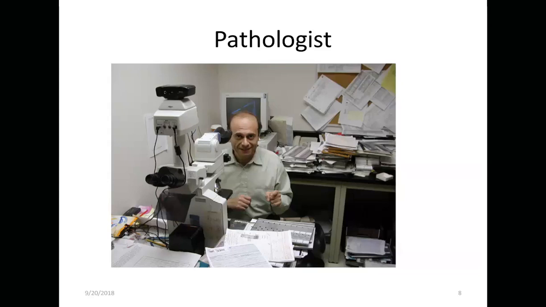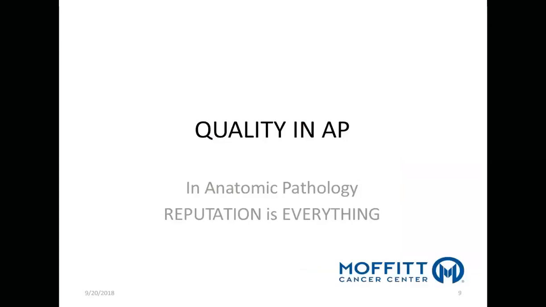However, in litigations, this did not stand, as the judge and jury determined that a pathologist is responsible for practicing in a safe manner, and if they feel that they're rushed, they should not really be signing out the case. So pathologists should be aware about this and be somewhat confident about their own practice ability and ability to manage case loads. Now, in anatomic pathology, reputation is everything. Really, that's all an anatomic pathologist has. So it's important that they maintain their reputation and that they build their reputation through a real focus on quality practice.